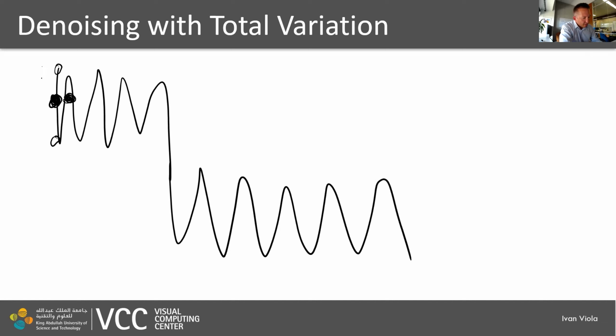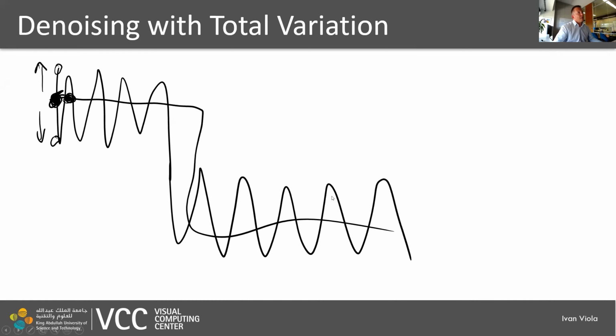So here, the two aspects, close to the original values and close to the denoised values, are driving the iterative process of denoising using total variation. The result of the total variation will then look finally approximately like this.